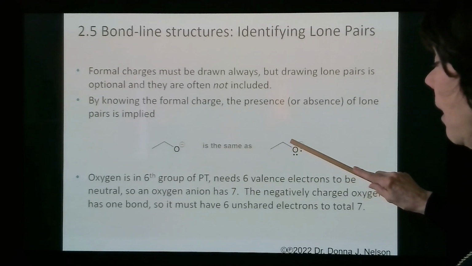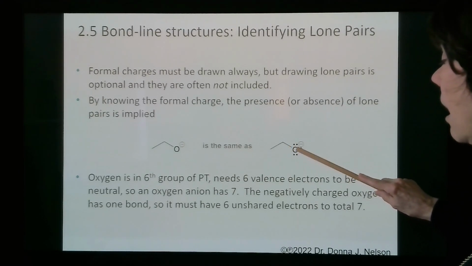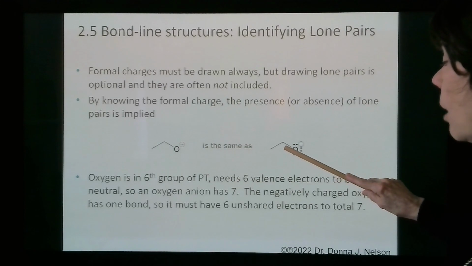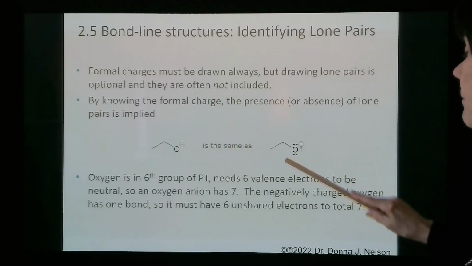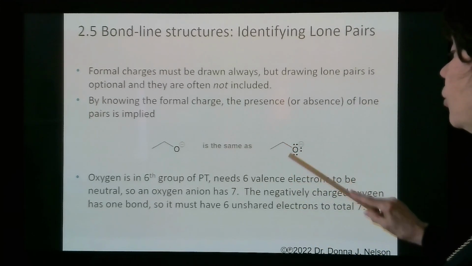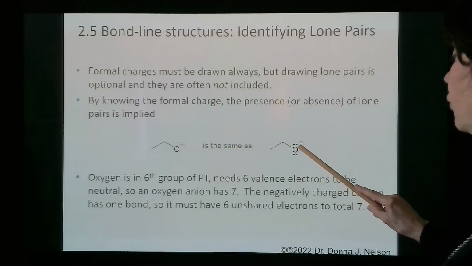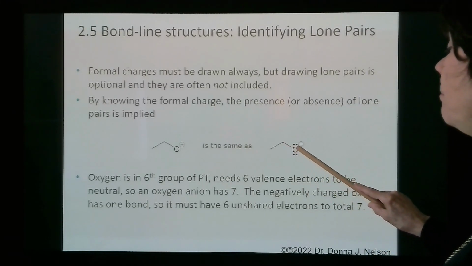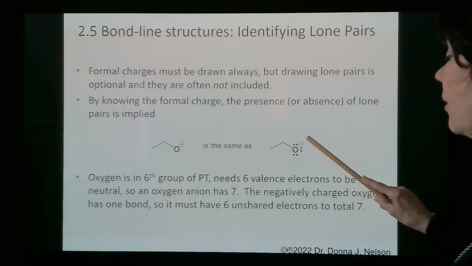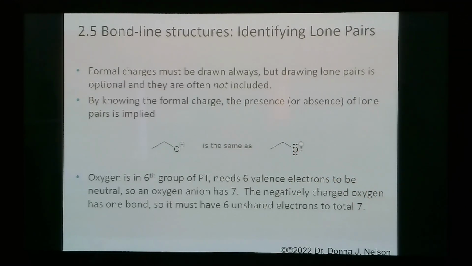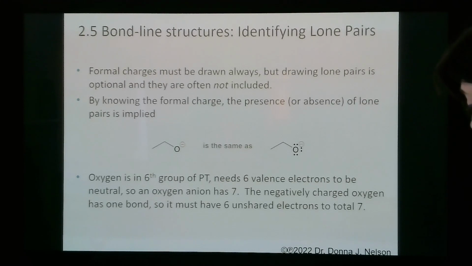This oxygen-carbon bond, 1 electron belongs on oxygen, 1 electron belongs on carbon, because this oxygen-carbon bond is taken as belonging to both atoms. So this oxygen is surrounded by 7 electrons, and it needs 6 valence electrons to be neutral. So this oxygen is bearing a charge of -1.